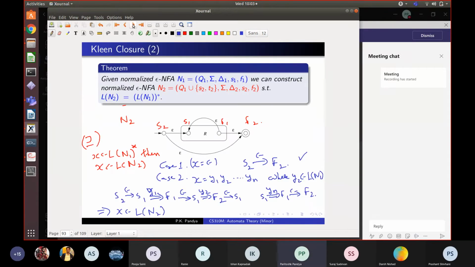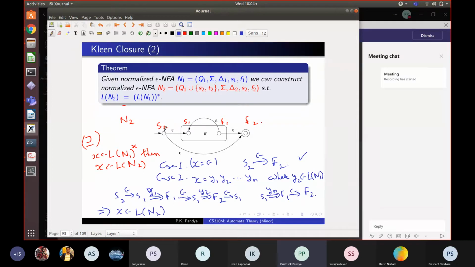Which is why we added this arrow, because epsilon must be there in the language of N1 star. So if N2 accepts by taking this epsilon star, we are not going wrong. What is the other case? It accepts by doing what?